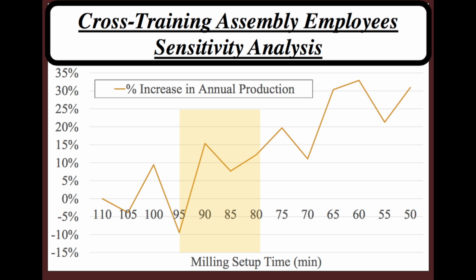And as in the last recommendation, we highlighted a zone of 15 to 30 minutes of reduced milling setup time to simulate 1 to 2 workers from assembly coming over to assist in the string setup. And on the graph, we also showed the percent increase in annual productivity that those workers would help achieve.